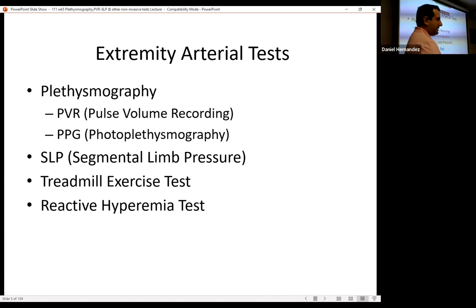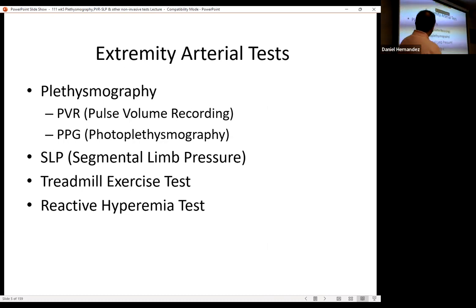As your heart beats, blood enters into the segment of your calf or your thigh, expanding those cuffs, and we get those tracings, those waveforms as a result of volume changes. So for us, that exam is the pulse volume recording. We're measuring how much blood is passing through those different segments with each heartbeat, and measuring the volume changes on our tracing.